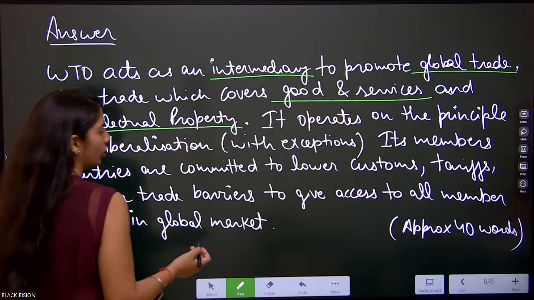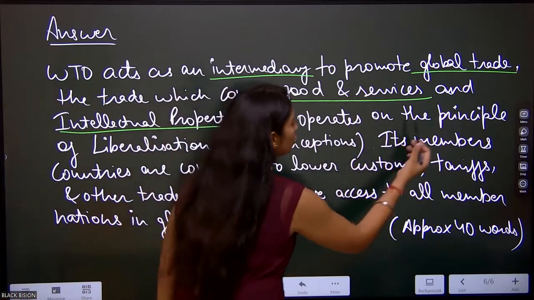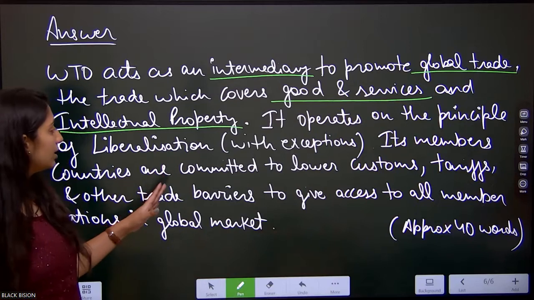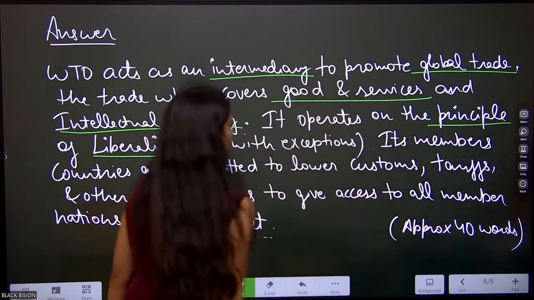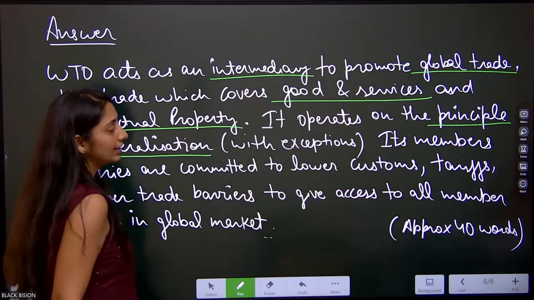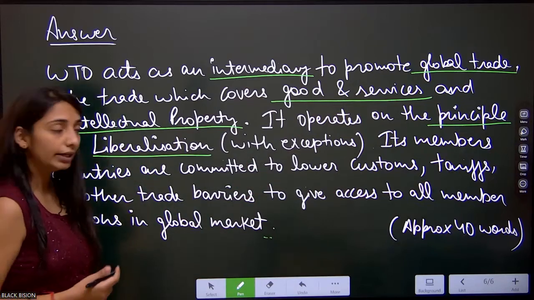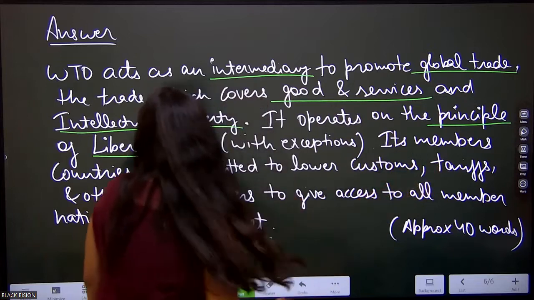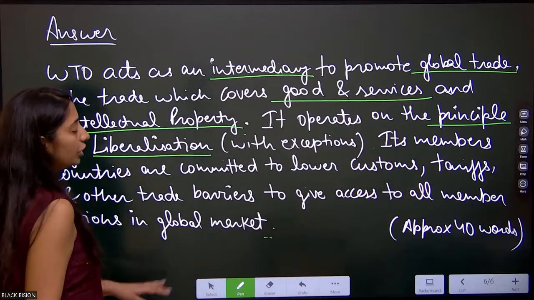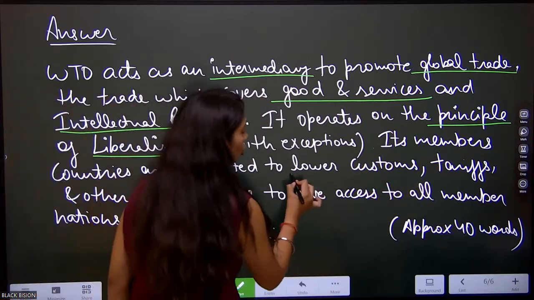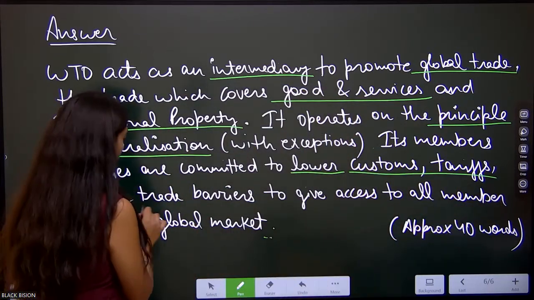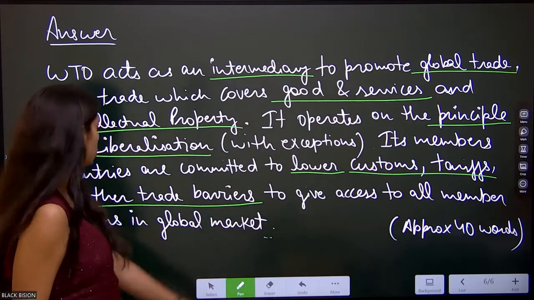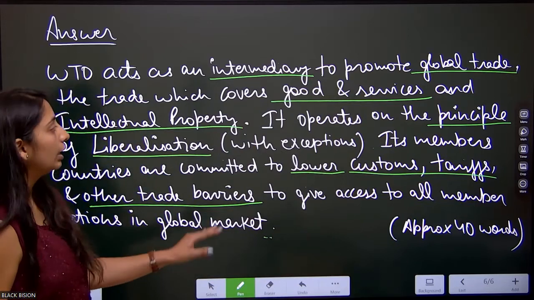We all know what is intellectual property. It operates on the principle of liberalization with exceptions, exceptions like dumping and subsidies. Its member countries are committed to lower customs tariffs and other trade barriers to give access to all the member nations in the global market.